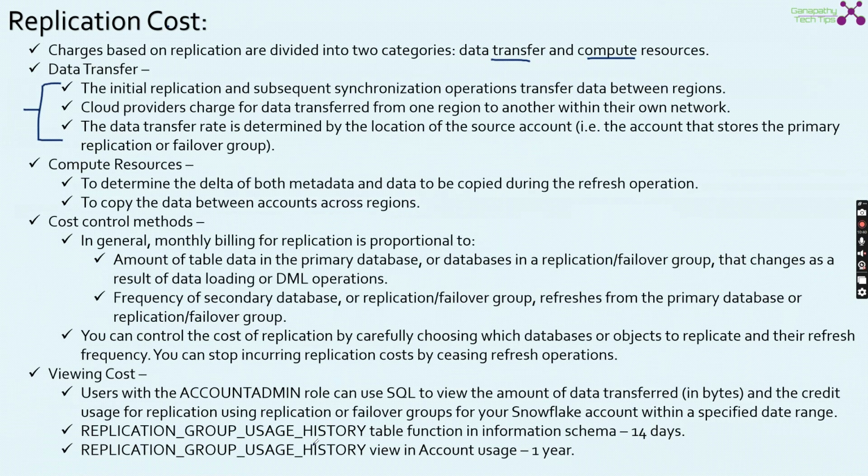There is a replication group usage history table function in information schema. Obviously, information schema holds the data only for 14 days, and the replication group usage history view in account usage will hold the data for 1 year. By querying these two specific table function and view, using the account admin role, you can get the relevant data.